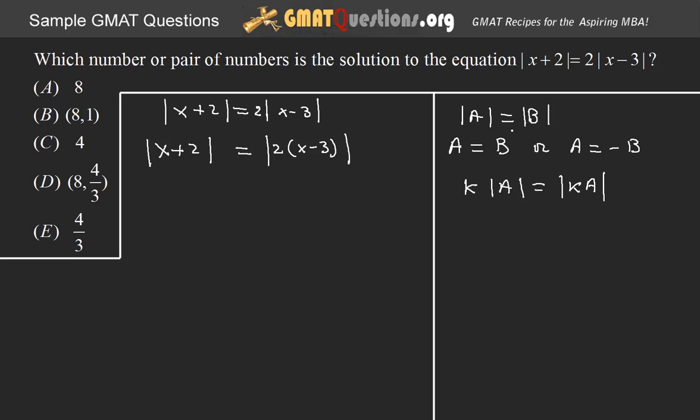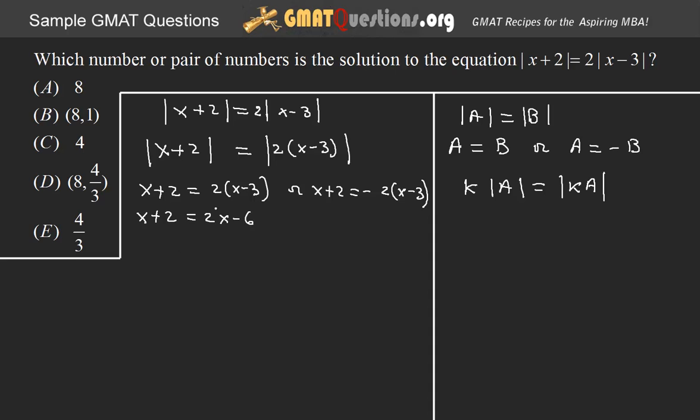So applying this rule, we'll say that x plus 2 has to be equal to 2x minus 3, or x plus 2 is going to be equal to negative 2x minus 3. So if we solve the first one, x plus 2 is going to be equal to 2x minus 6.